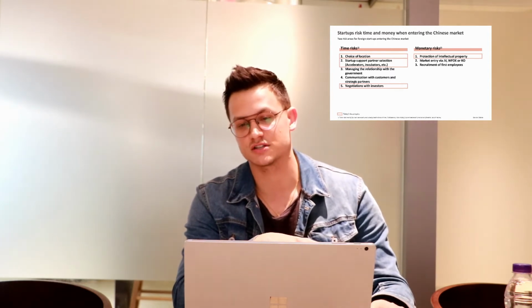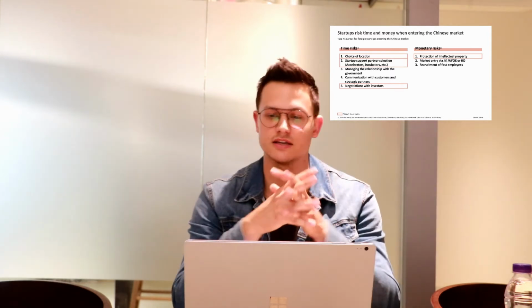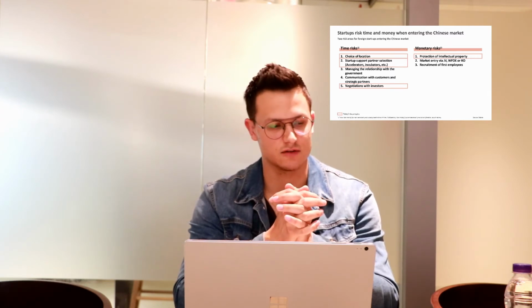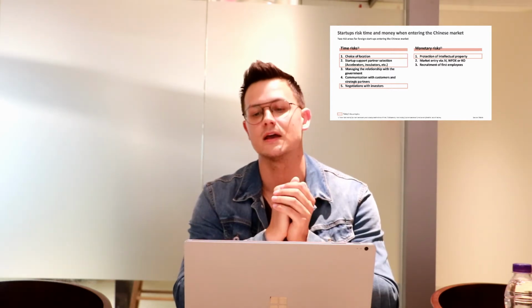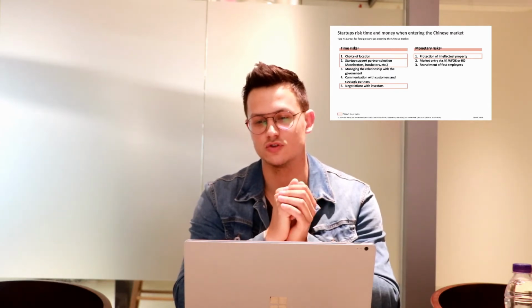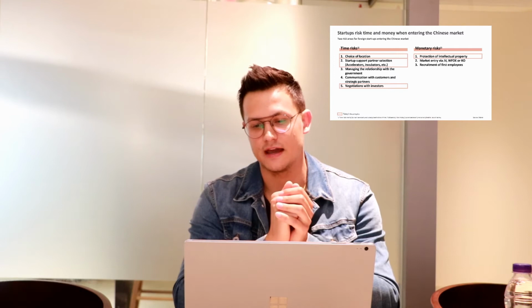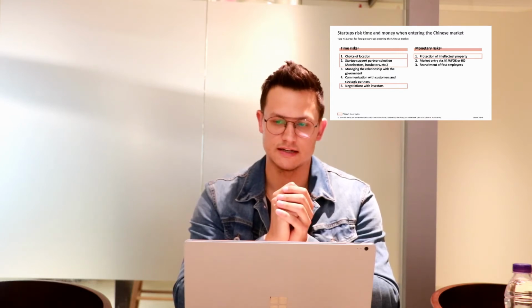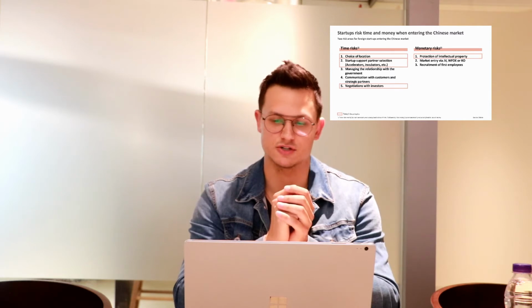Thirdly, negotiations with investors. So we're going to take a little deep dive into the venture capital landscape and discover what mistakes you can make there and what risks you should be aware of and how to mitigate them. And lastly, protection of your IP. What do you need to know? And how do you go about protecting your intellectual property during the process of market expansion.